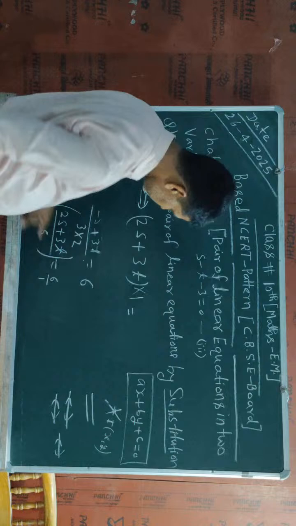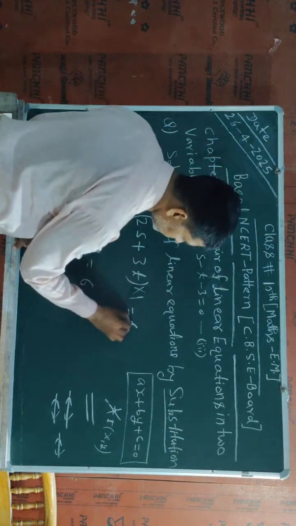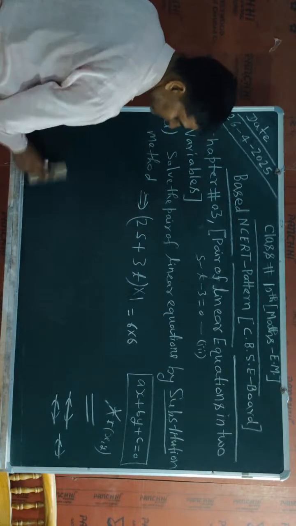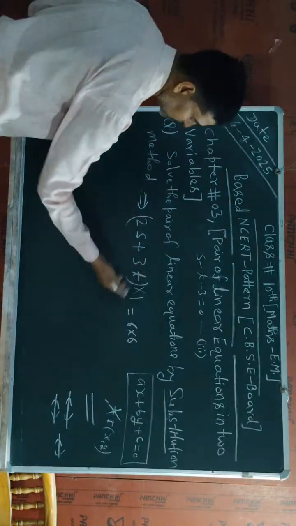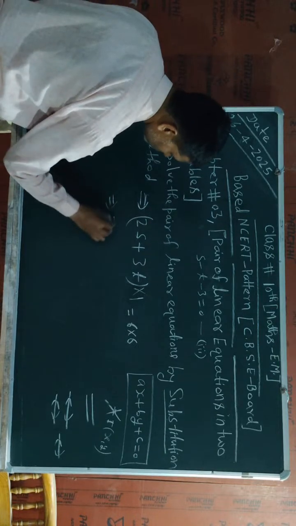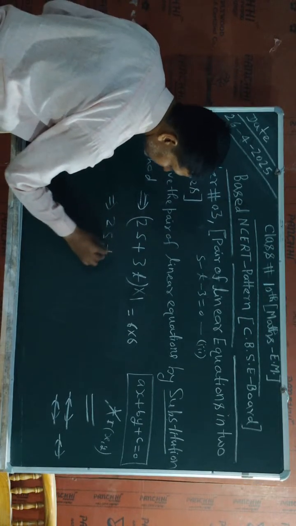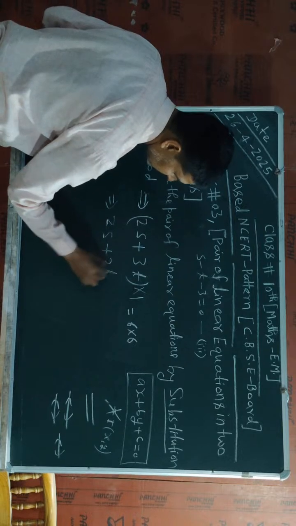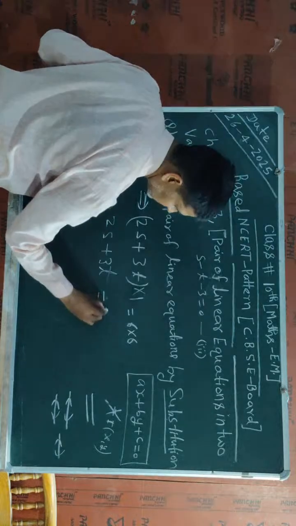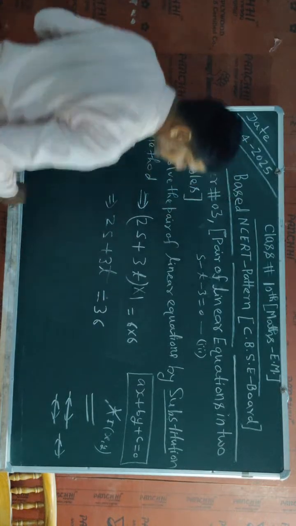Here I will put 6 into 6. Okay, student, here I will remove this data and multiply with 1, so I will get the same. So 2s plus 3t equals 6 into 6, that is 36.